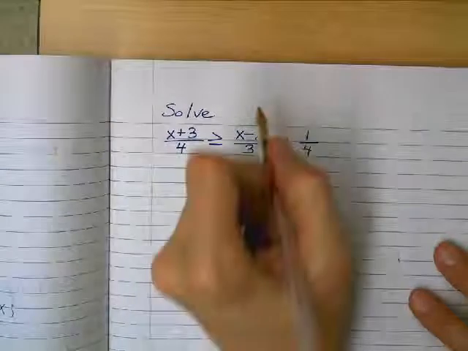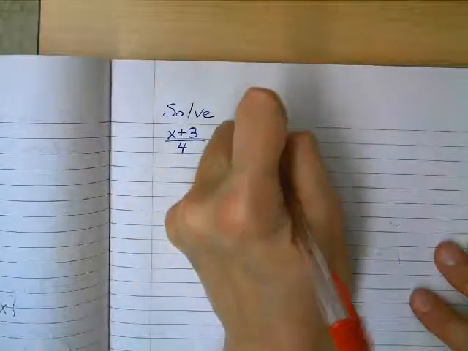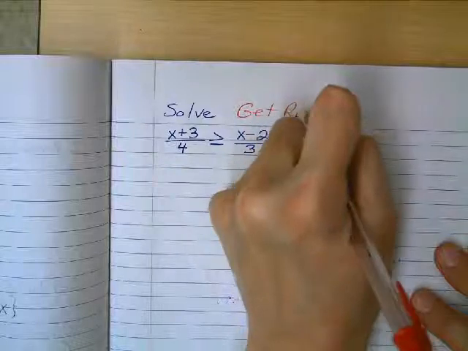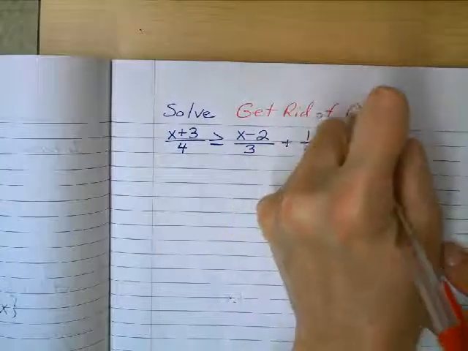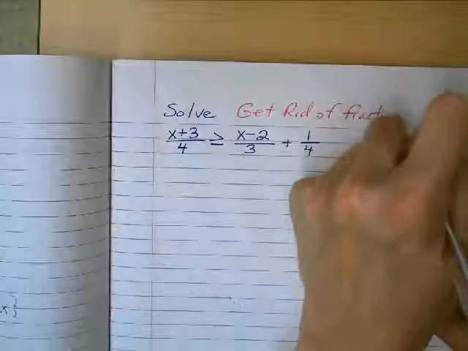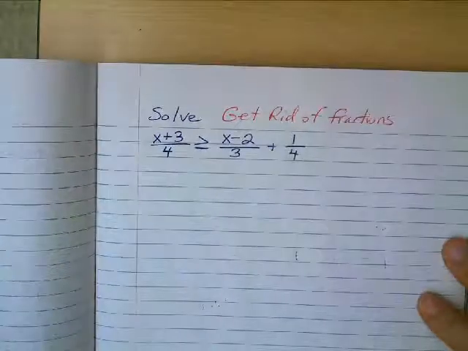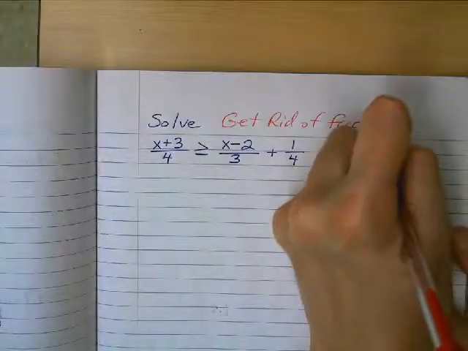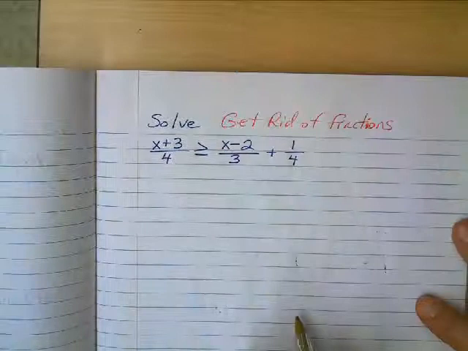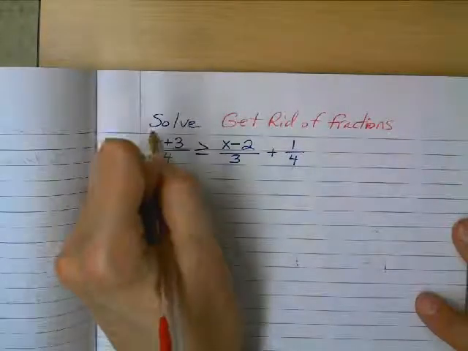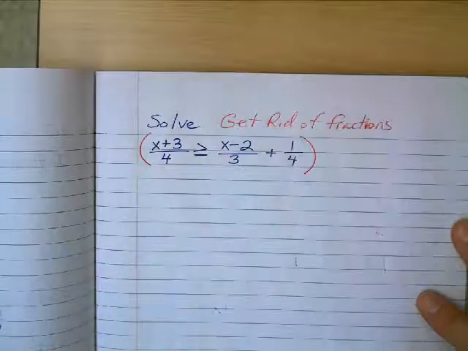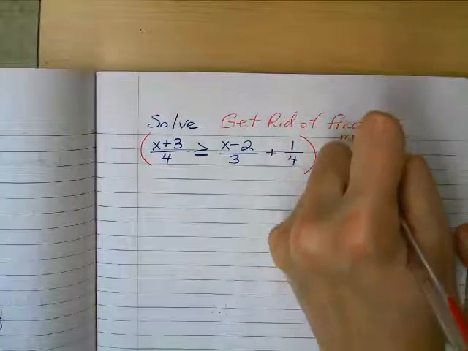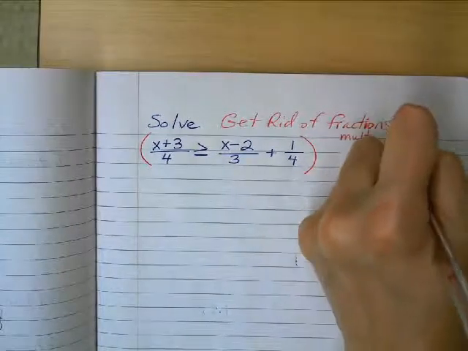So again, when you have fractions, let's try to get rid of the fractions. How do we get rid of fractions? Multiply by the least common denominator. Take the whole problem and multiply by the lowest common denominator.